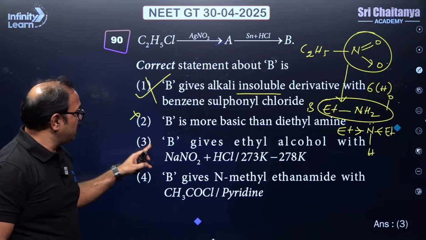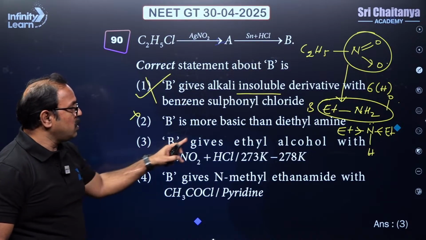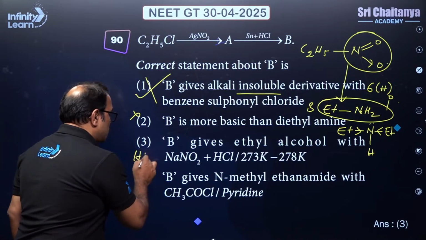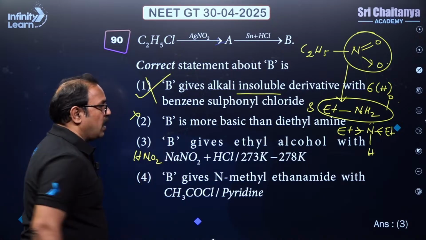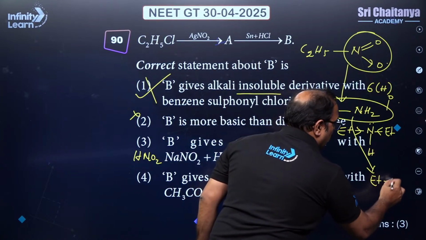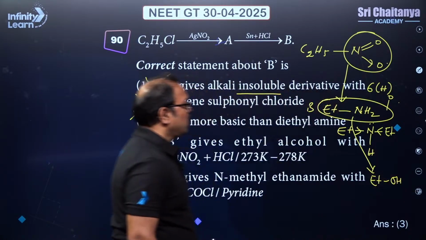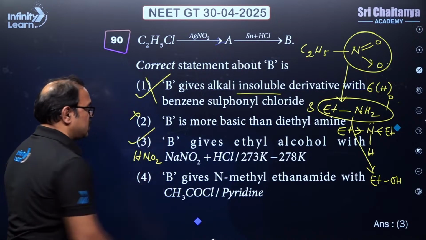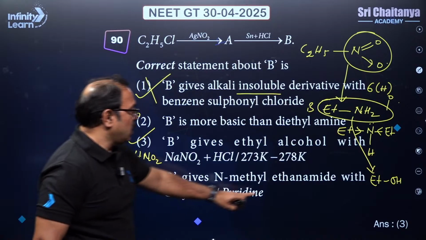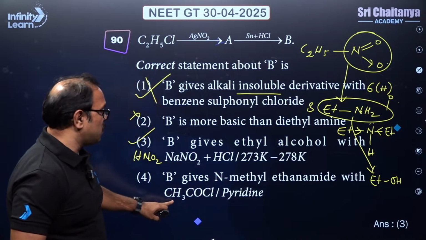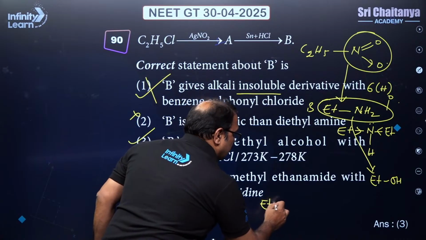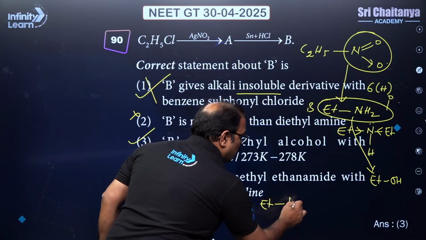And the last ones: B gives ethyl alcohol with this mixture, which will result in the formation of HNO2, and HNO2 always converts the NH2 group into ethyl alcohol, that is OH. So this statement is actually correct. B gives N-methyl ethanamide with acetyl chloride.